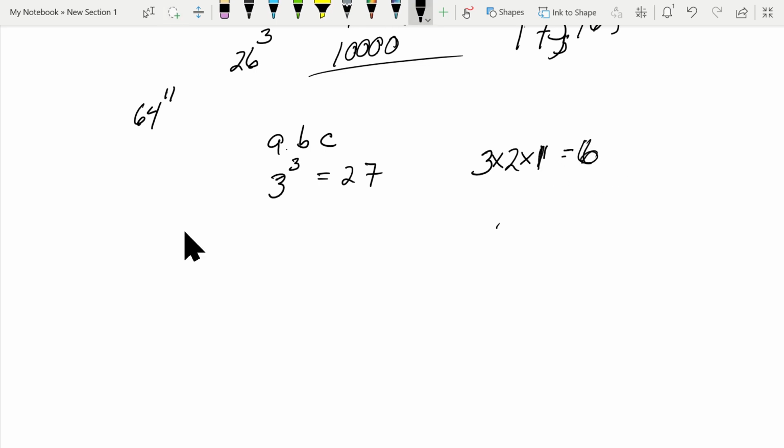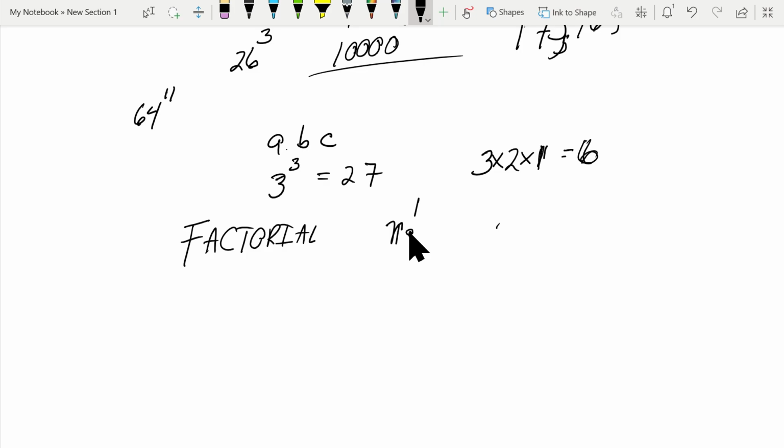This is called a factorial. And it's the number of ways we can put things in n positions without repeats. So that's n factorial, and the symbol for a factorial is an exclamation mark.